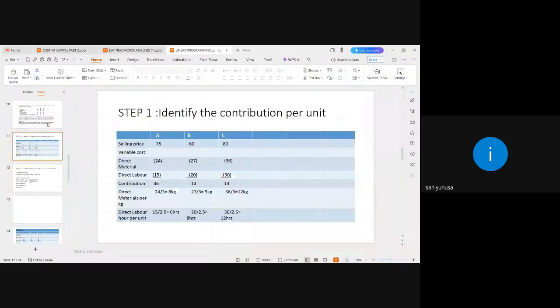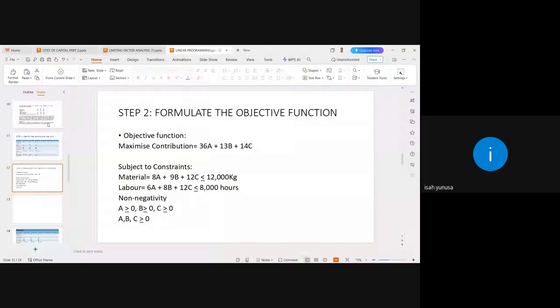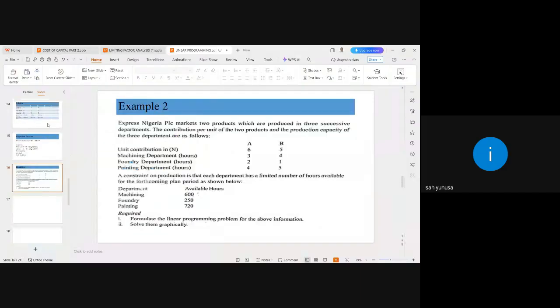Let me just take it. Yes, the next page, sir. I'm done with this. Thank you, sir. Somebody should read.